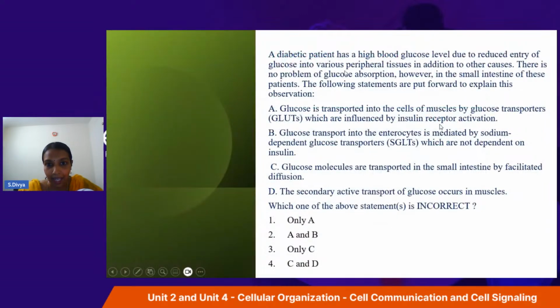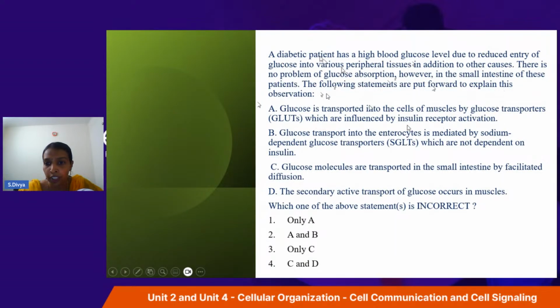Next, a diabetic patient. Based on that, you have another question. A diabetic patient has a high blood glucose level due to reduced entry of glucose into various peripheral tissues, in addition to other causes. There is no problem of glucose absorption, however, in the small intestine of these patients. The following statements are put forward to explain this observation.